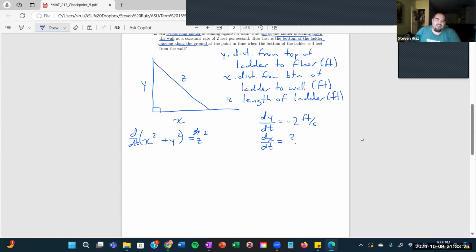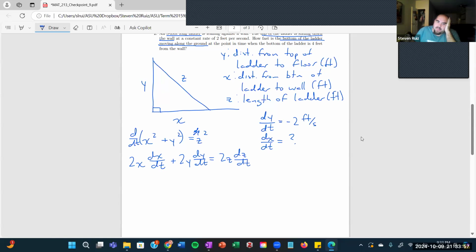I can see them all as having an outer function of squaring something. So if I take the derivative of x squared with respect to x first, I get 2x and then dx/dt. For the same reason, 2y times dy/dt equals 2z times dz/dt. So here's one rate we didn't write down: dz/dt.